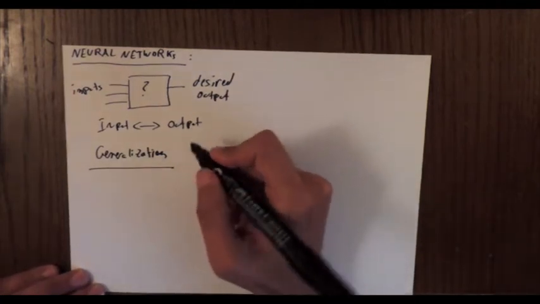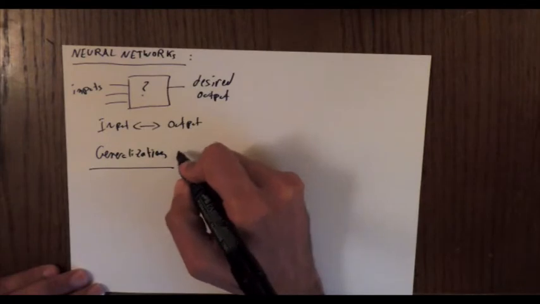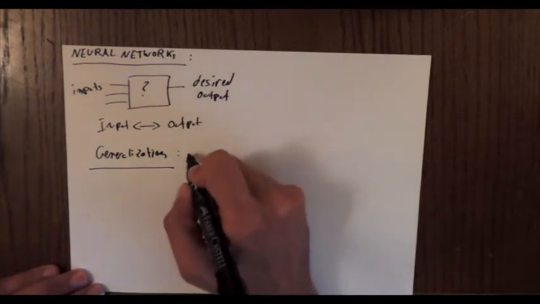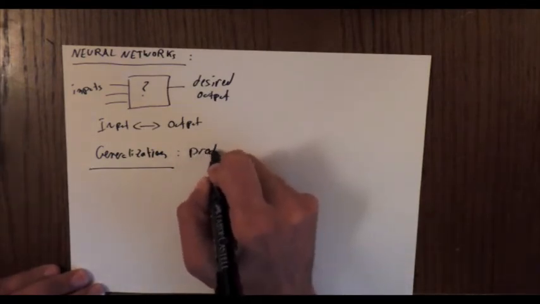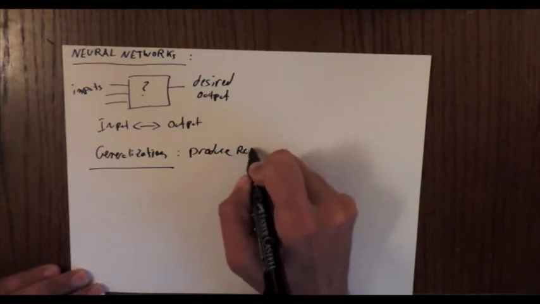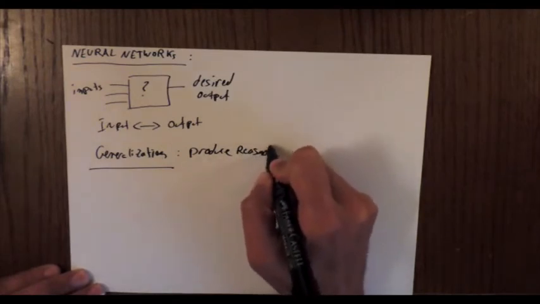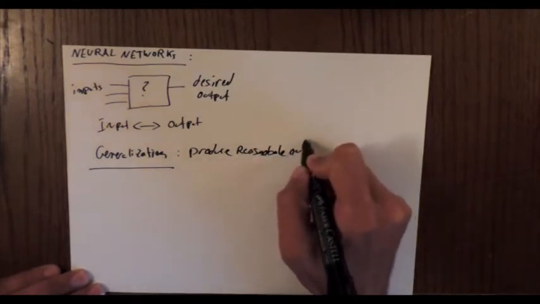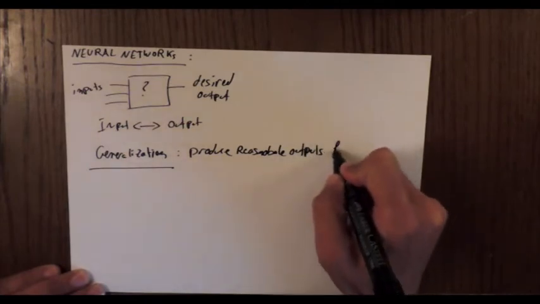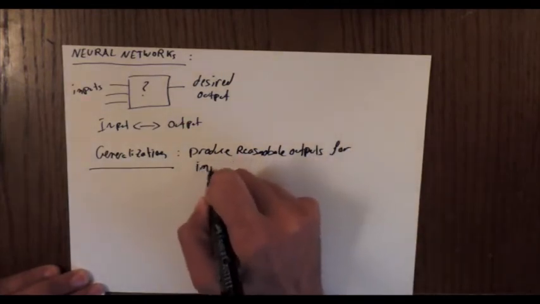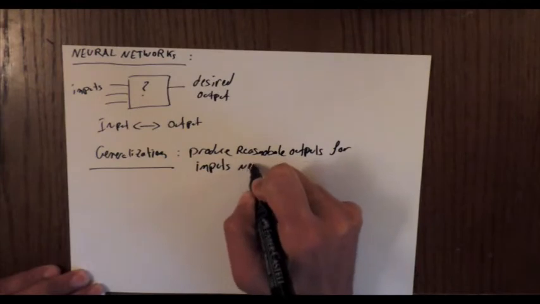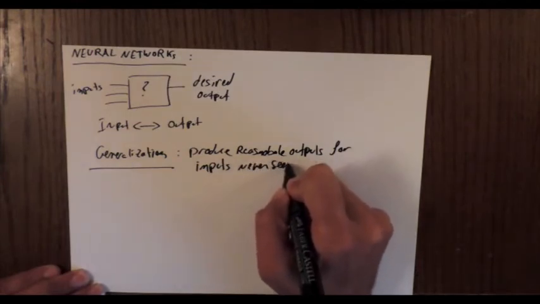So when we say that a neural network has generalized, it's when we produce reasonable outputs for inputs never seen before.